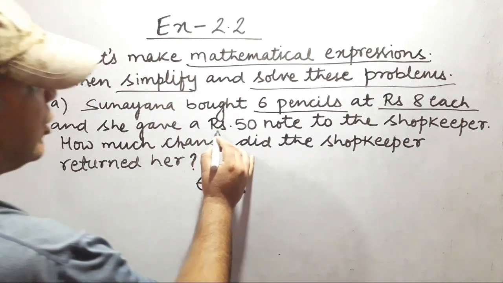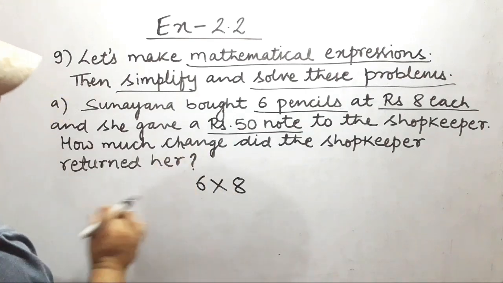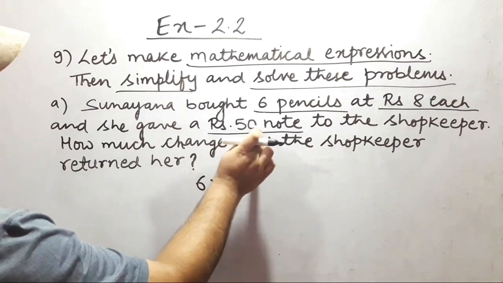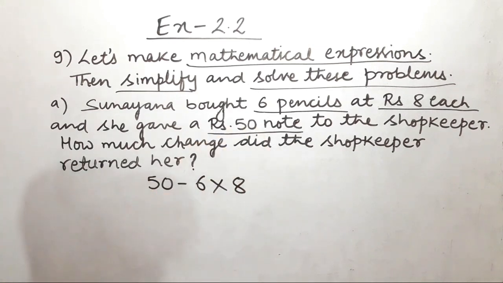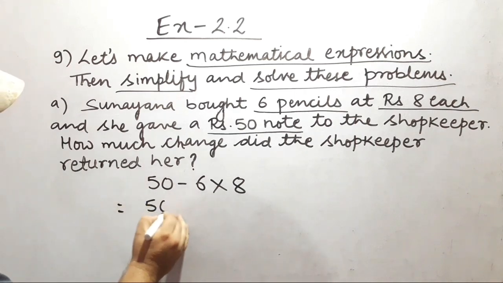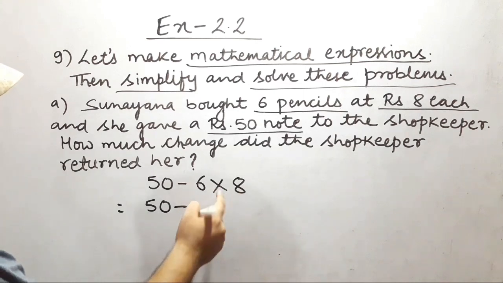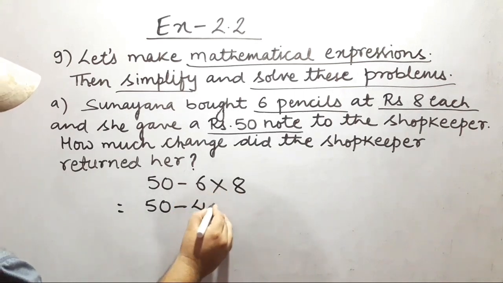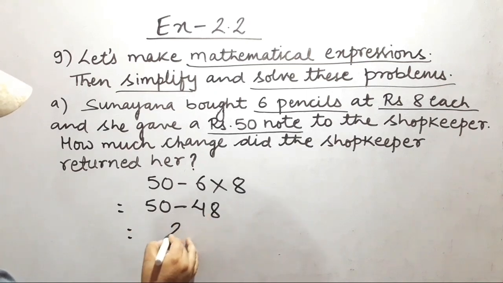Then she gave a rupees 50 note to the shopkeeper. That is, the shopkeeper will deduct the cost of 6 pencils from rupees 50. So 50 minus 6 into 8. Now let's simplify. Multiplication at first. So 6 into 8, 48. So 50 minus 48, 2.